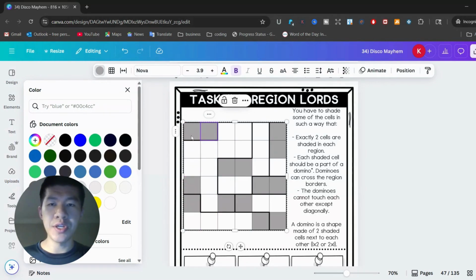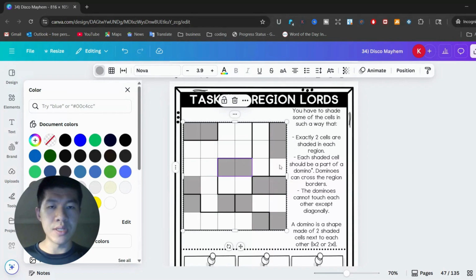For this region right here, obviously these two cells are shaded. If I check this entire region right here, you have two cells that are shaded. For this region, I have these two. For this region, I have these two cells that are shaded. This is a 2 by 1, so these two cells are obviously shaded. For this region, I have two cells that are shaded.